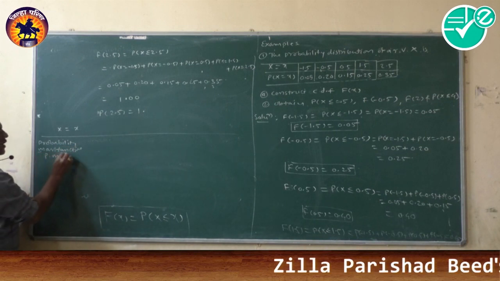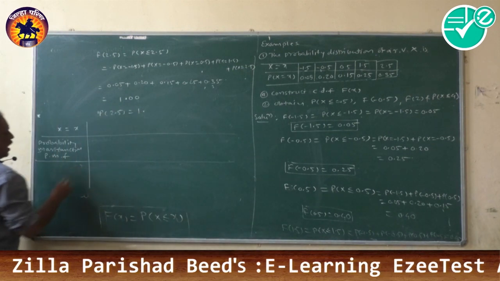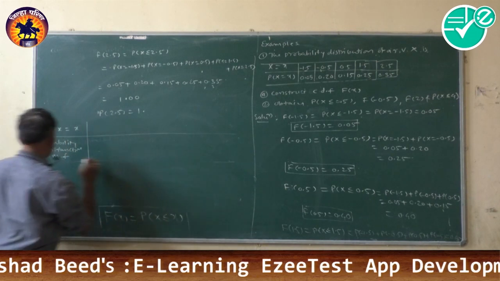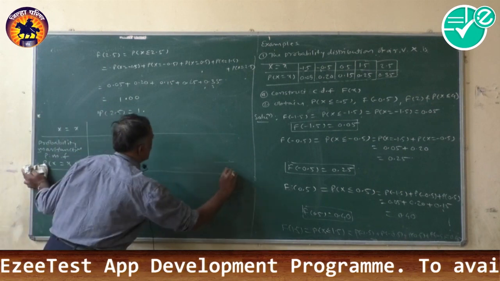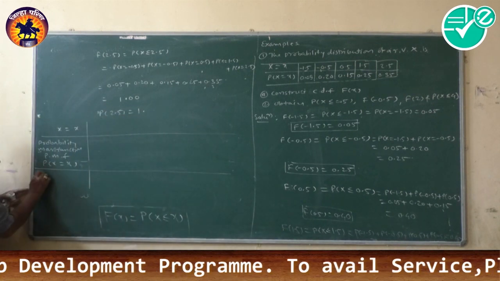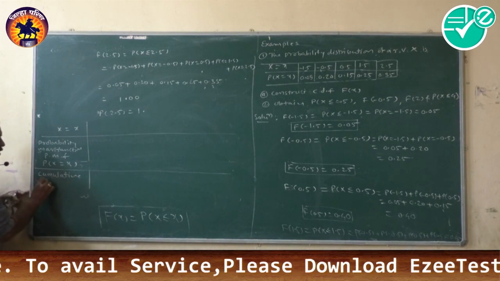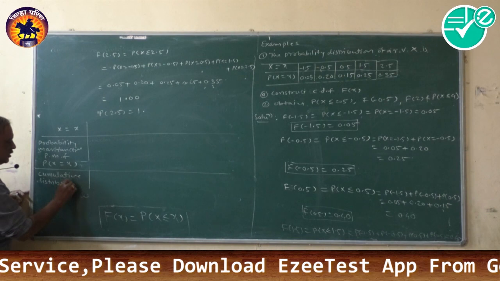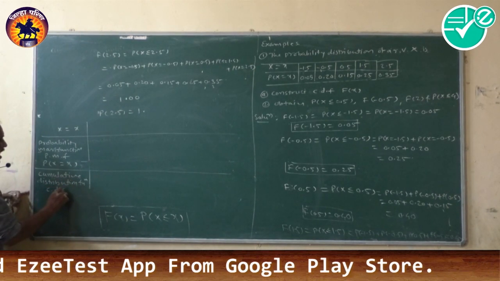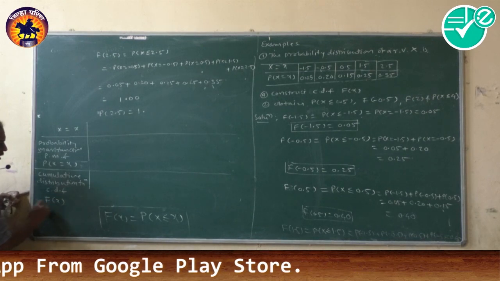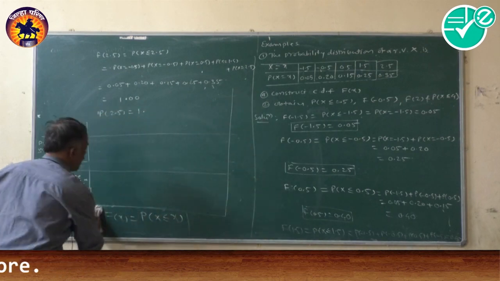In short, we denote it by PMF, of course by capital P, that x assumes value small x. And lastly, we are going to denote the cumulative distribution function. Abbreviatively, we denote it by CDF, and it is denoted by capital F of x.